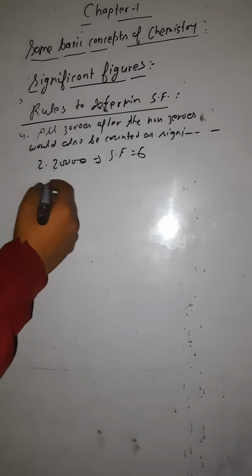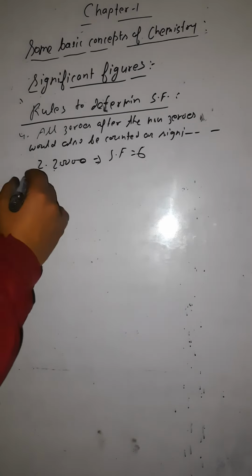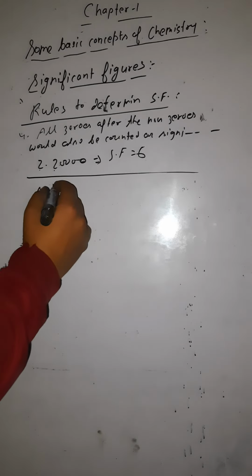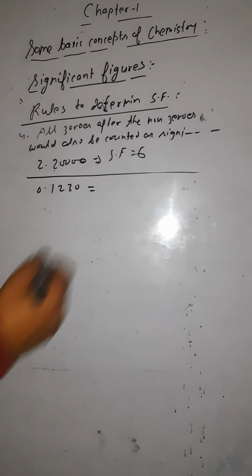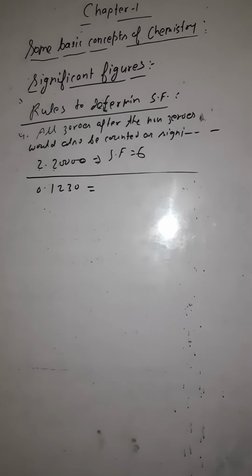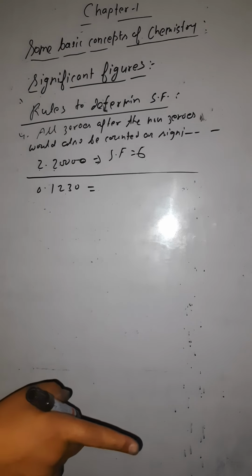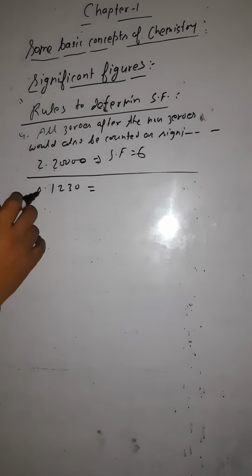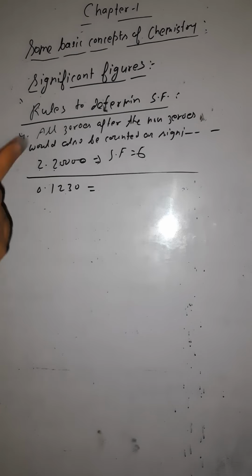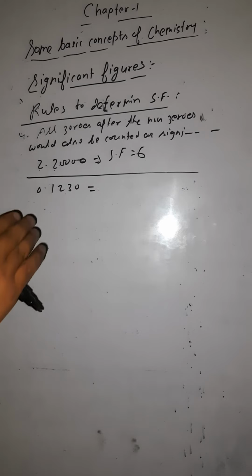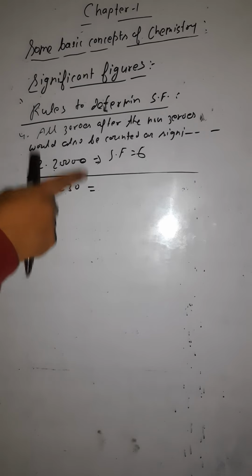For example, 0.1230. Can you tell me how many significant figures are here? Remember this, all zeros after the non-zeros would be counted as significant figures, and all zeros before the non-zeros would not be counted. So this one zero you would not be counting, but this one zero would be counted as a significant figure.